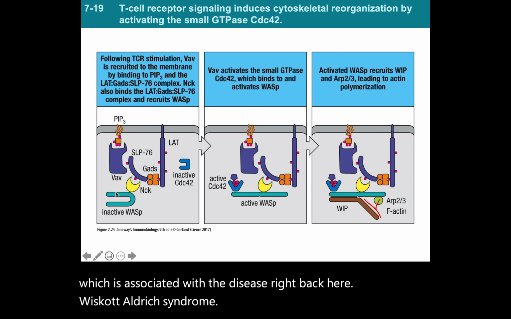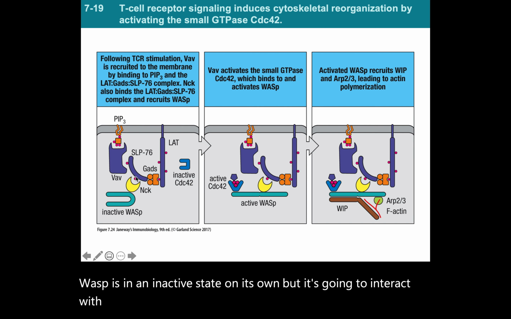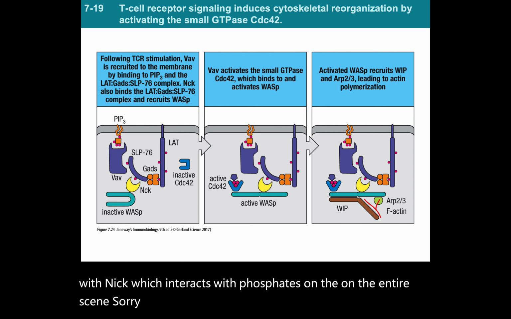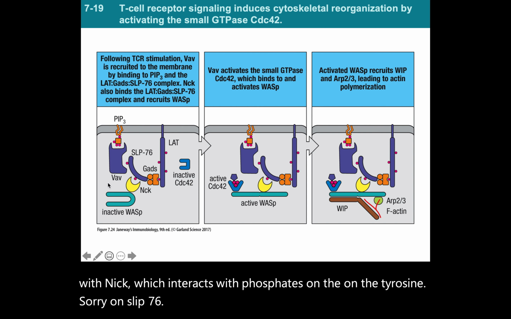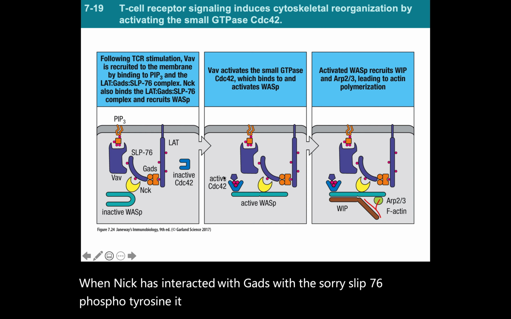WASP is in an inactive state on its own, but it's going to interact with NCK, which interacts with phosphates on the tyrosine on SLP76. So, when NCK has interacted with GADs, or with SLP76 phosphotyrosine, it causes WASP to open up.